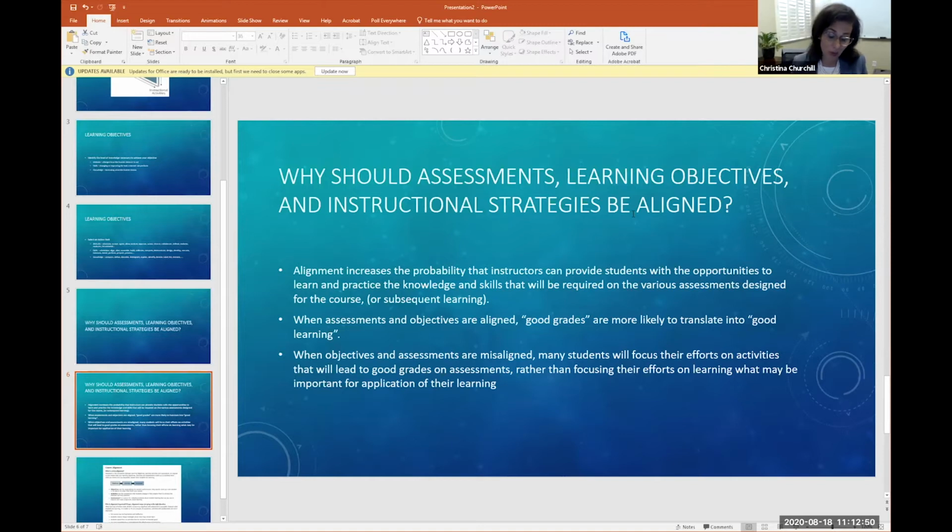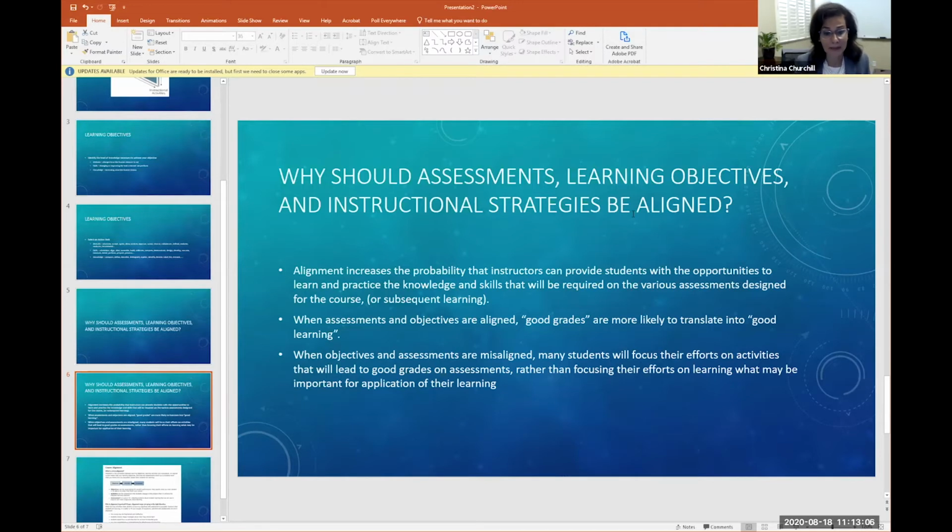In the end it reflects that this student did master these learning objectives, and therefore when they get good grades, that means they had mastery of the learning objectives for the course.